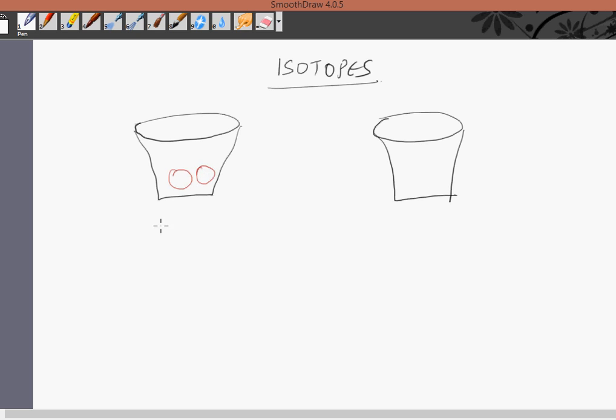Let this first basket be A, and this is basket B, both having two red balls, three blue balls, here also three blue balls, and basket A is containing one green ball, and here it is having three green balls.